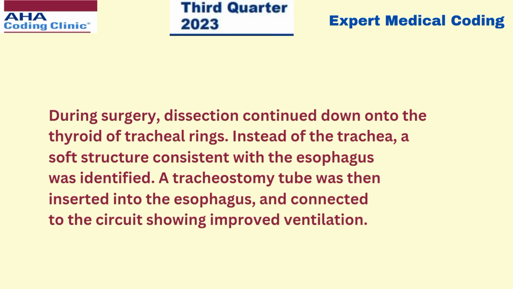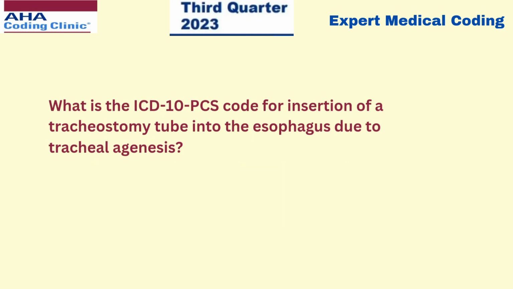A tracheostomy tube was then inserted into the esophagus and connected to the circuit, showing improved ventilation. Now the question is, what is the ICD-10-PCS code for insertion of a tracheostomy tube into the esophagus due to tracheal agenesis? In this scenario, the patient has a congenital problem, tracheal agenesis, that is absence of formation of the trachea. For that, the physician inserted the tracheostomy tube into the esophagus.